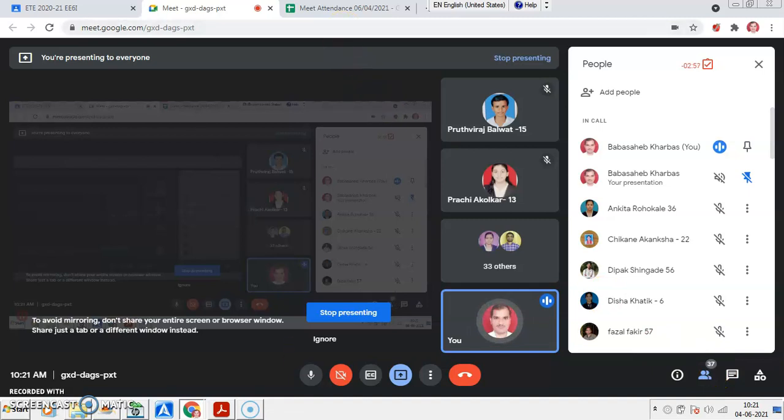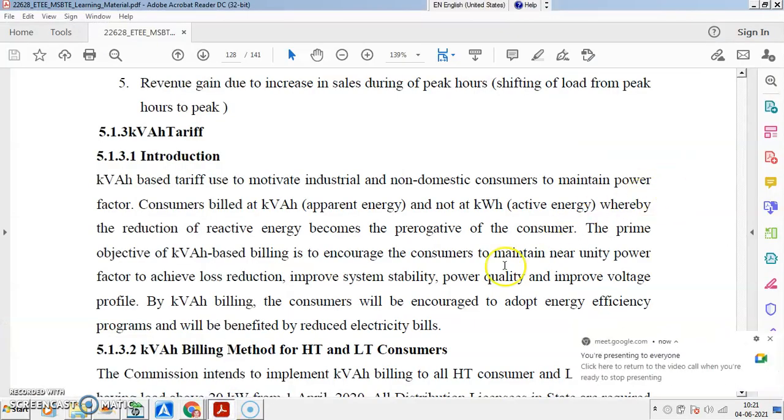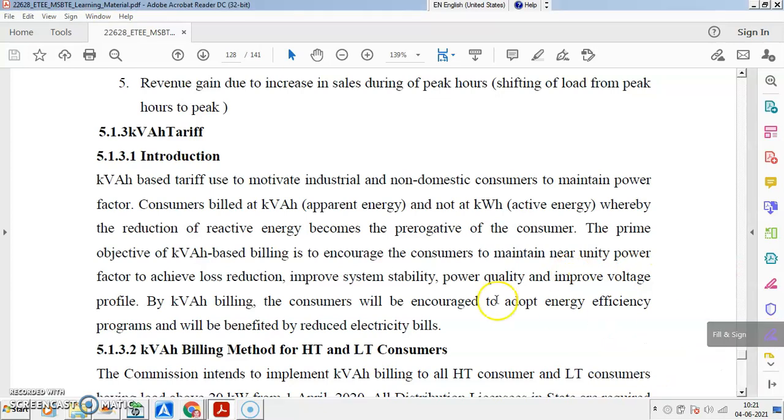So you must think of maintaining the power factor unity. Definitely the power quality will be improved, the loss reduction will be there, and the system stability will be improved. So system persons will be happy, and the consumer will also be happy because the apparent power consumed is less and hence billing to the consumer will be less.